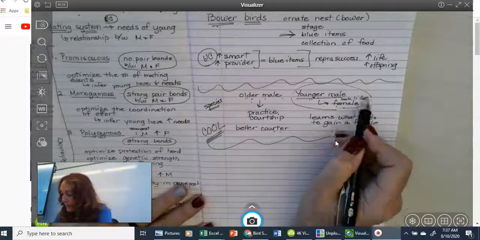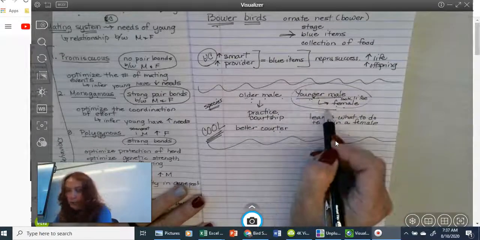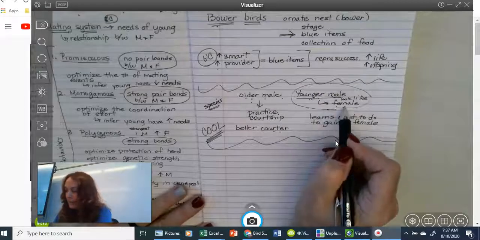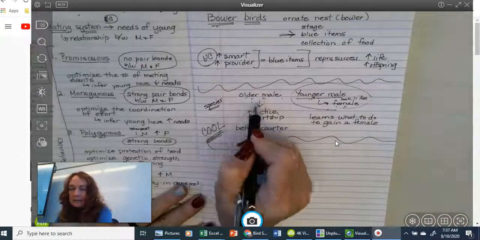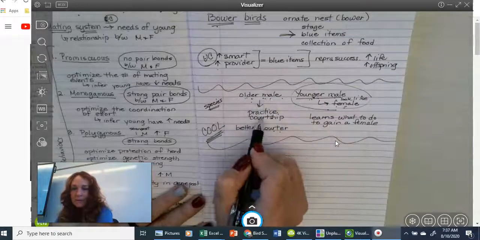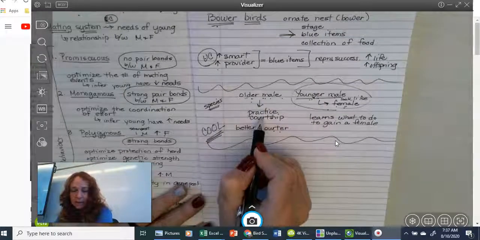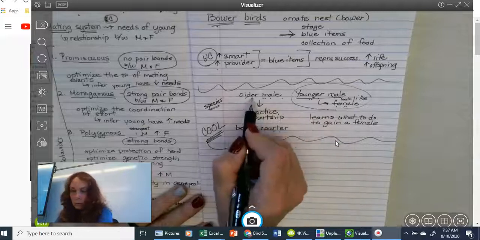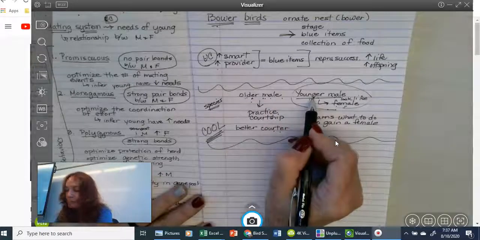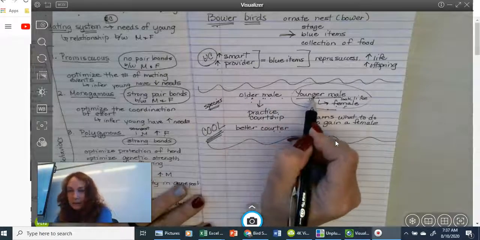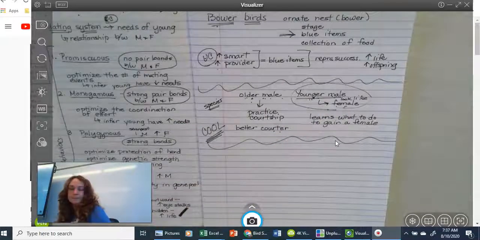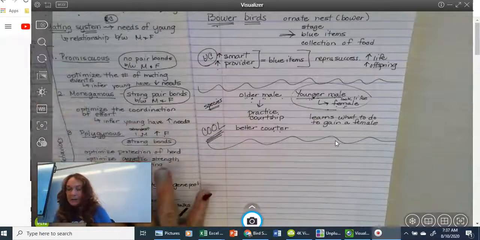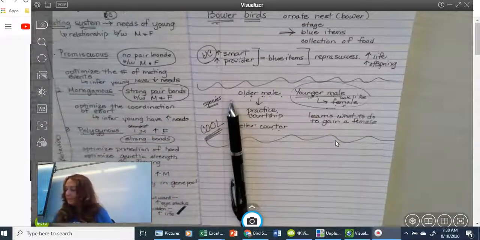And so this particular way of looking, this phenotype, has been selected for because it gains the older male a benefit to practice the courtship, because the younger male will be older one day, and it also keeps the younger male from being a competitor while he learns. This is super cool. Okay, so that takes care of this particular strip.